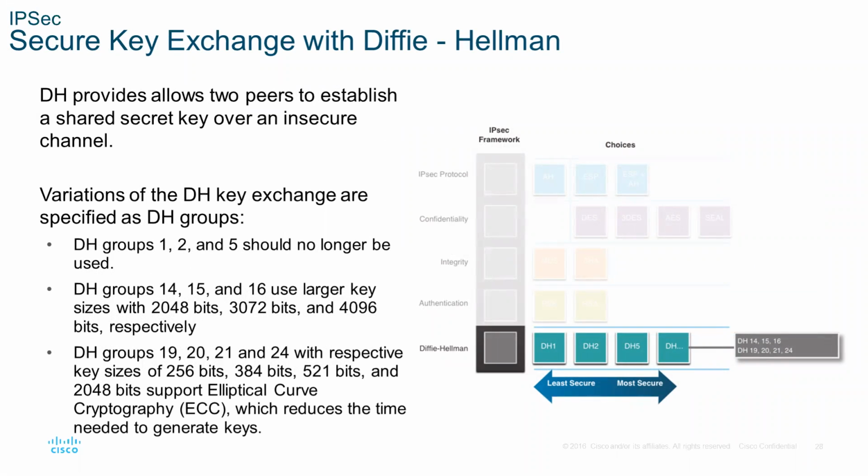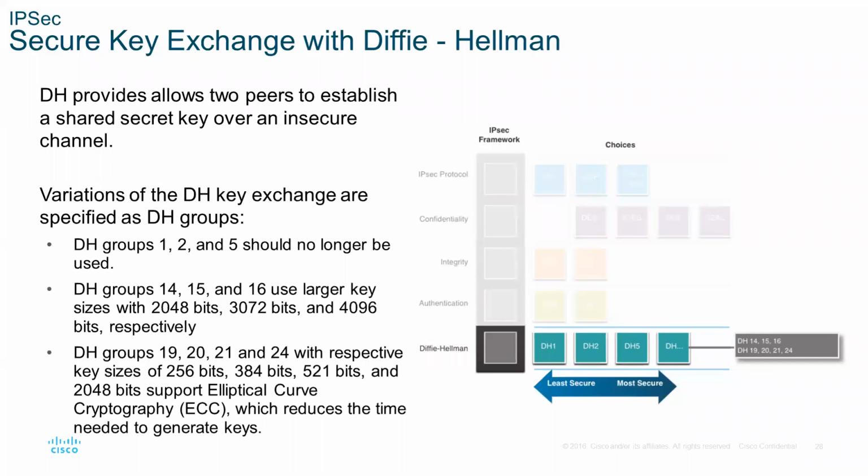Now, Diffie-Hellman allows two peers to establish a set of keys dynamically. What we do is we select the group, and the group determines how many bits we're going to use in the key.